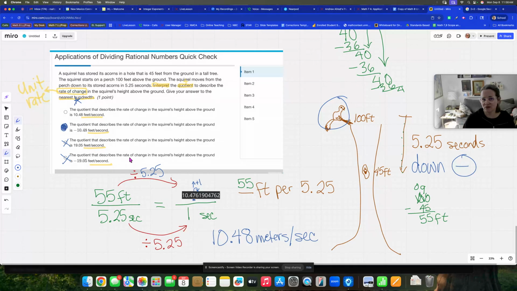Okay, let's just read the answer and make sure it makes sense. The quotient that describes the rate of change in the squirrel's height above the ground is negative 10.48 feet per second. Looks good to me. Okay, so I'm going to add that negative right there.